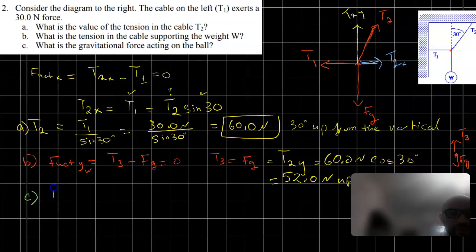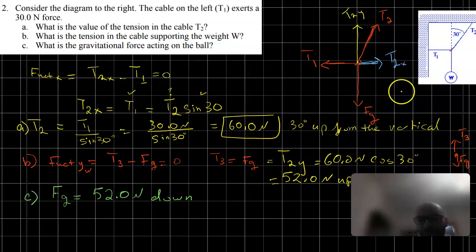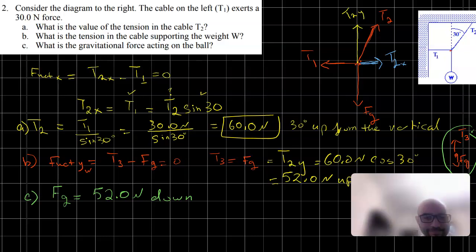So Fg equals 52.0 newtons down. You can see that simply by looking at either of the free body diagrams that we did for the ball, or the original free body diagram that describes the whole scenario. That's it.